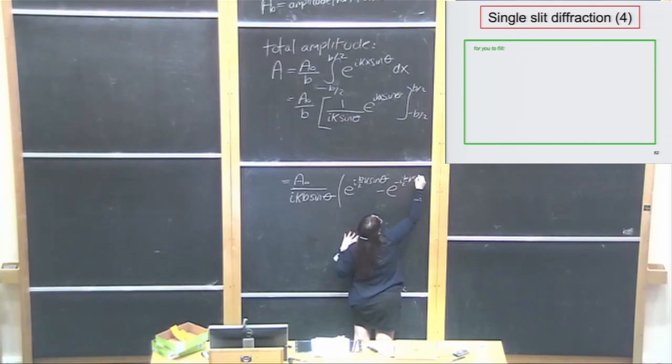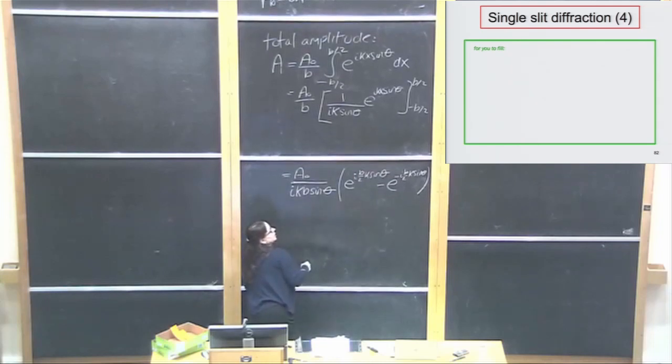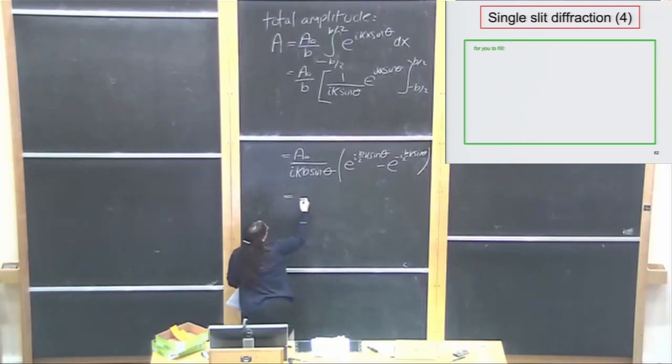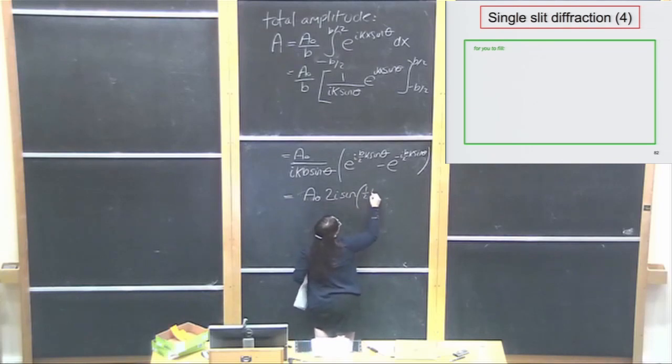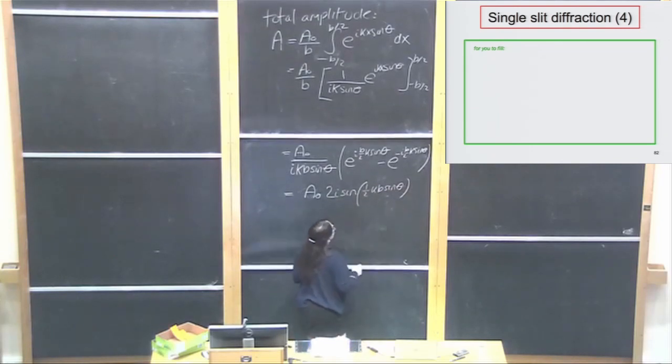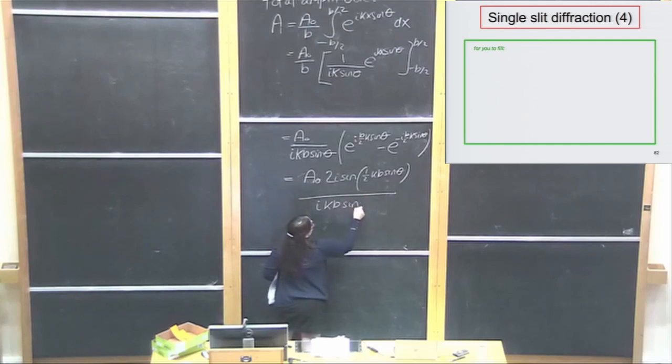Sorry, it's a bit squashed there. Hopefully you recognise that bit in brackets. That is just 2i sine of half k b sine theta, over i k b sine theta. So the i's are going to cancel.